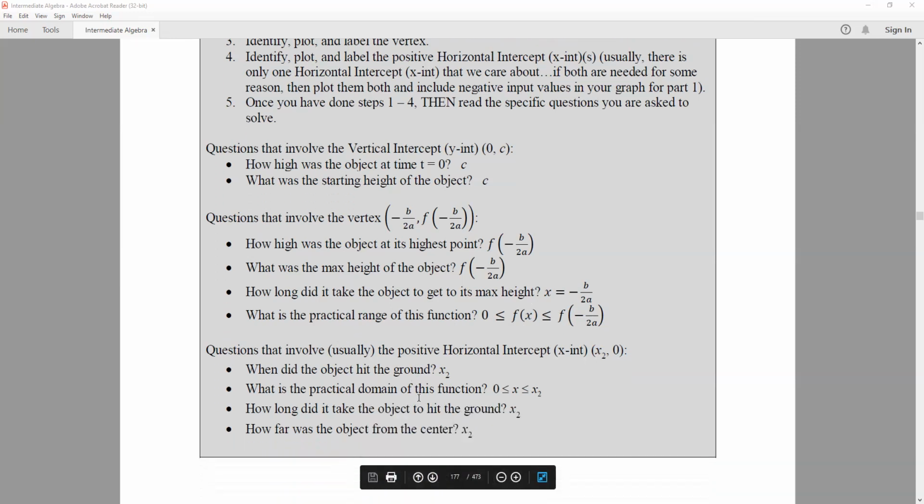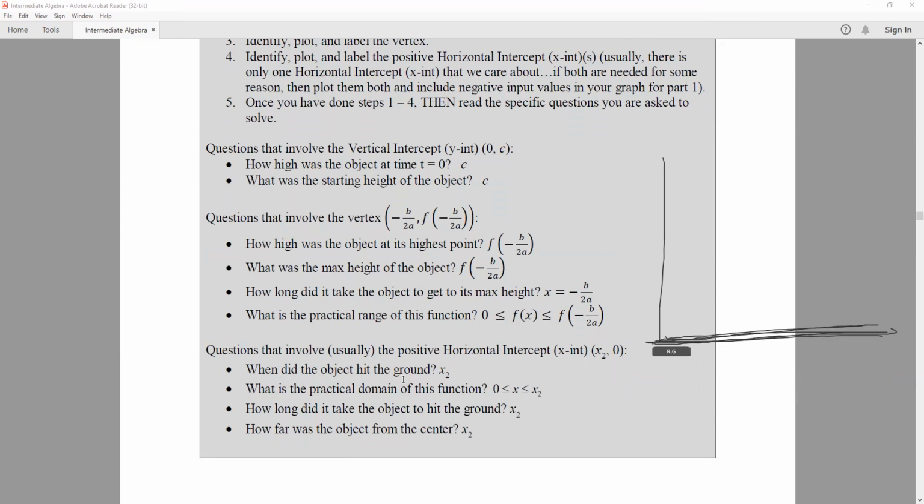Now, what about the horizontal intercept? Remember, for the horizontal intercept, y is always 0. When did the object hit the ground? When means time.